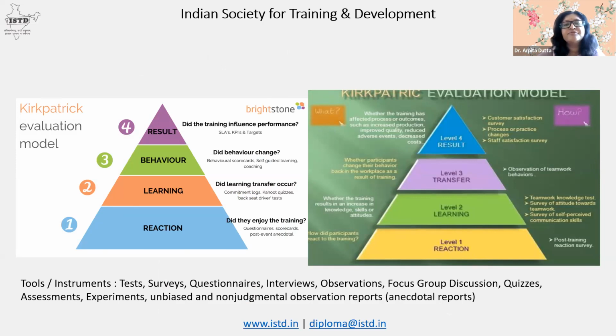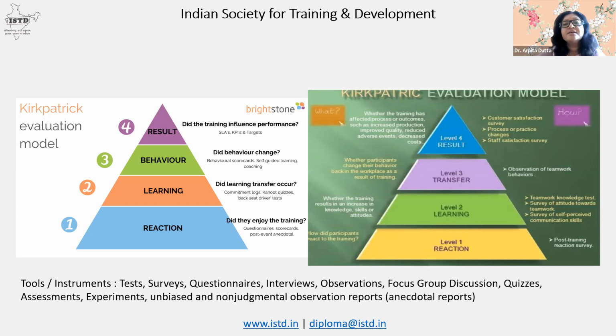So we are talking about the different tools and instruments to use to collect data, that is step 4 in that steps of training evaluation, right? To collect data using certain qualitative and quantitative tools. So tests, surveys, questionnaires, interviews, observations, FGDs, all this can be used at different levels to collect data or information.